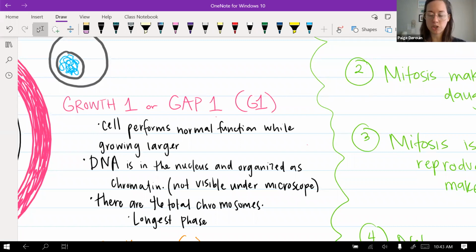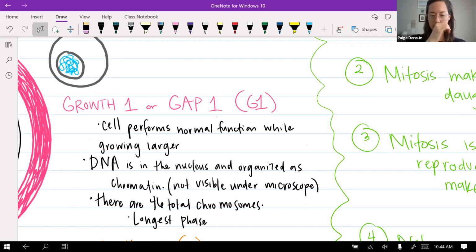Sometimes that's an injury, and the immune system will release chemical signals that say, okay, time to make more cells to fill in this wound, or a hormone can trigger it, like growth hormone. There are different ways that cells can be triggered into the next step. Otherwise, they'll probably just stay here in growth 1, doing what they do.